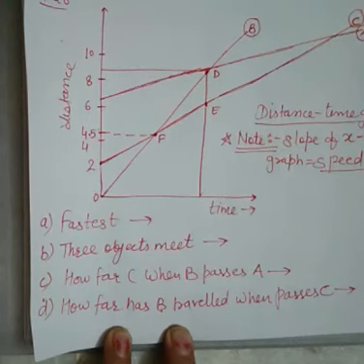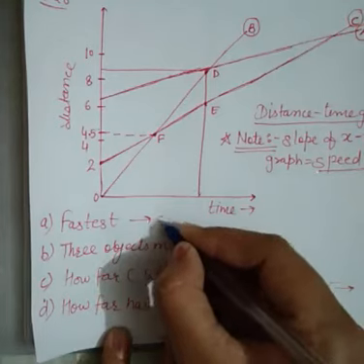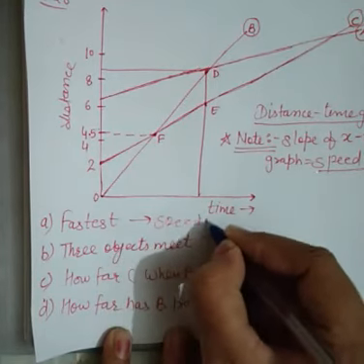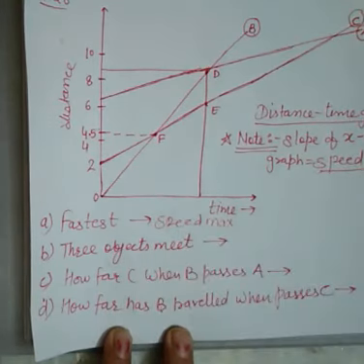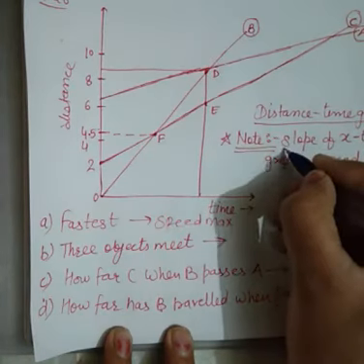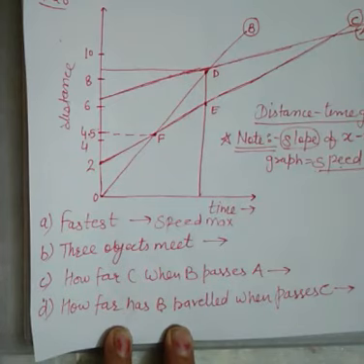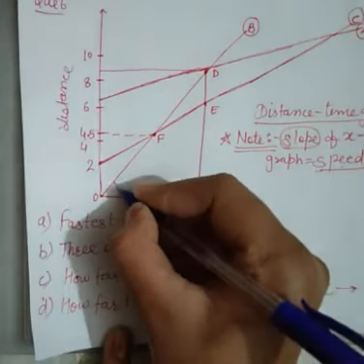The first question being asked is which one is the fastest one, and right now I have told you fastest means speed maximum. Out of A, B and C, which one is having maximum speed? Speed depends upon slope. So we have to check which one is having maximum slope.